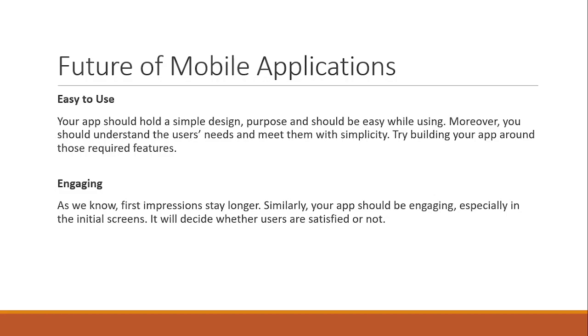So the next is engaging. As we know, first impressions stay longer. Similarly, your app should be engaging, especially in the initial screens, as it will decide whether users are satisfied or not. We need to engage users so they invest more time in your application.